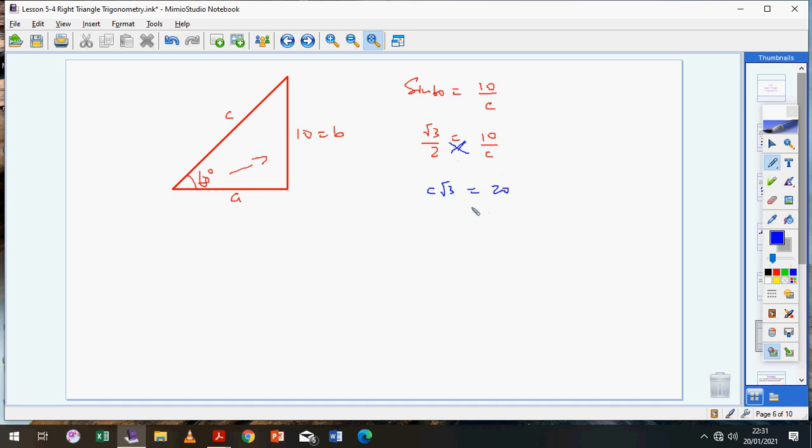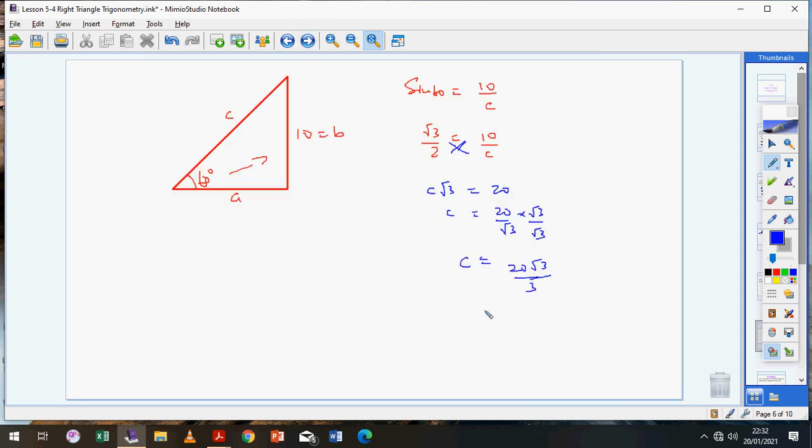So therefore, C is equal to 20 divided by root 3. But since I don't want a radical in the denominator, I will simplify this to be 20 root 3 divided by 3, which is the value of C, which is the same as what I have beside.